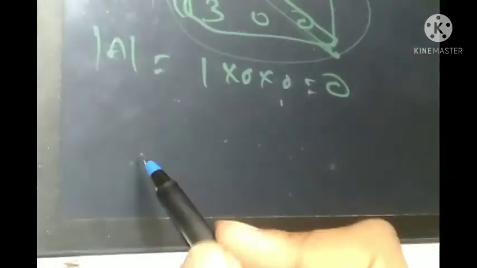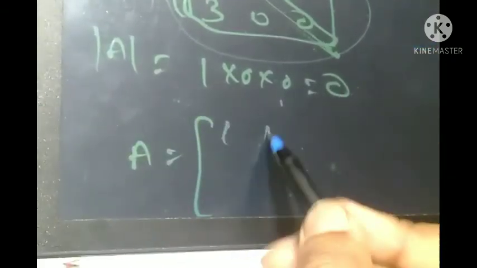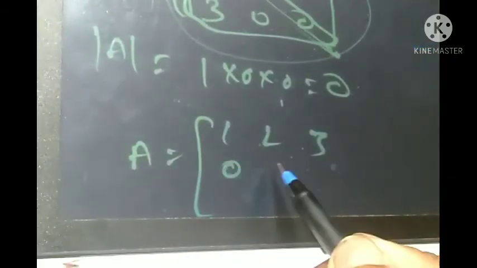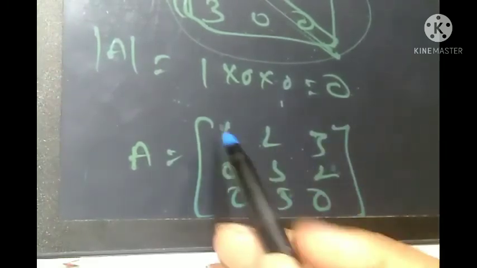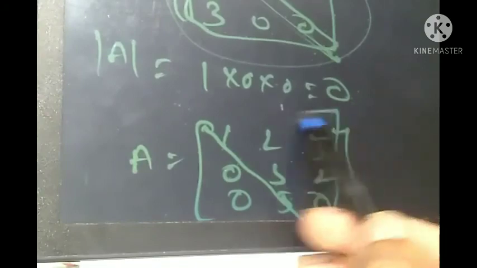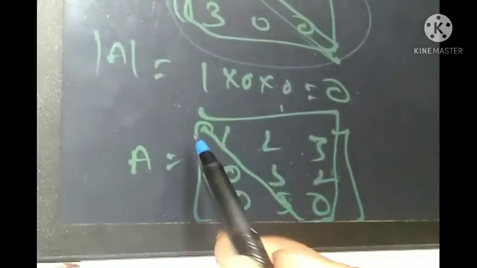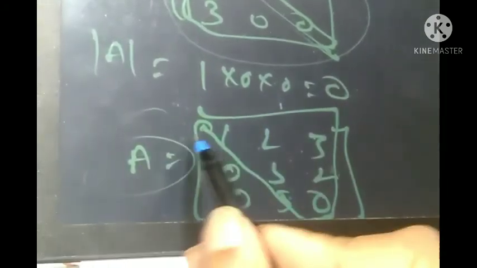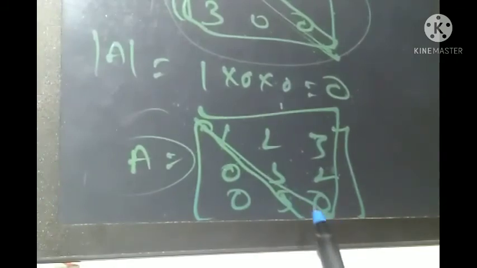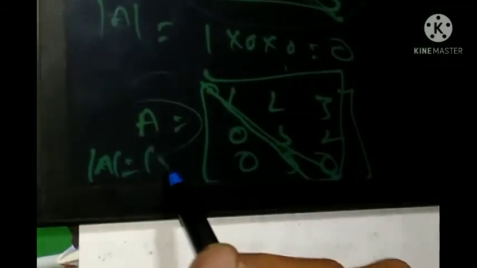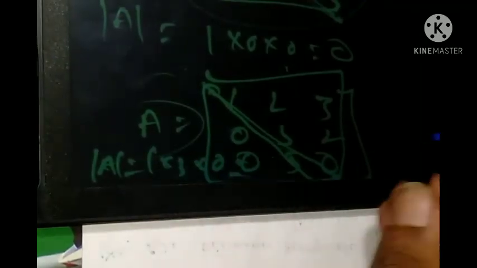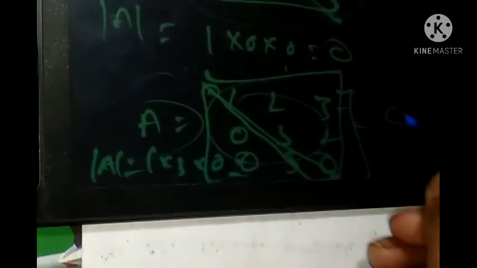And we consider one upper triangular matrix: 1 2 3, 0 3 2, 0 0 0. The determinant of this matrix is the product of the leading diagonal elements: 1 into 3 into 0. Therefore the determinant is equal to 0.